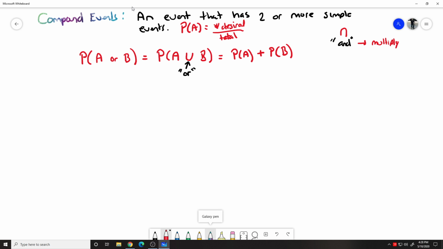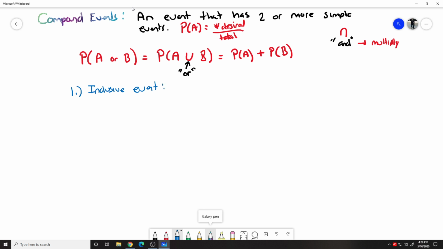Now, we do have to talk about two different situations that can happen in compound events. So the first situation that we want to talk about is what if we have an inclusive event? We're still under the heading of compound events. We have this thing called an inclusive event.